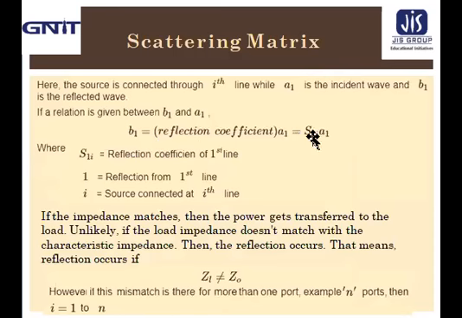Now already you know what a reflection coefficient is and how we represent it: S1i is the reflection coefficient into A1, where S1i is the reflection coefficient of the first line, and 1 means reflection from the first line, and i is the source connected at the ith line.